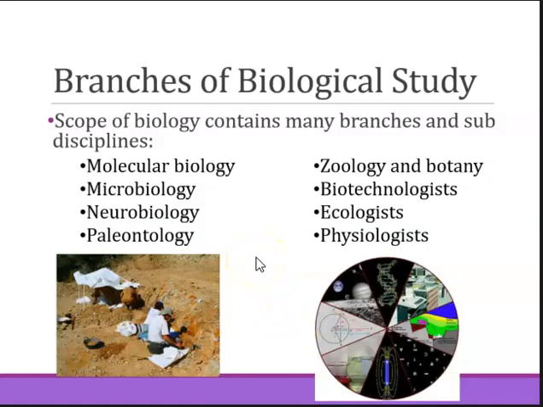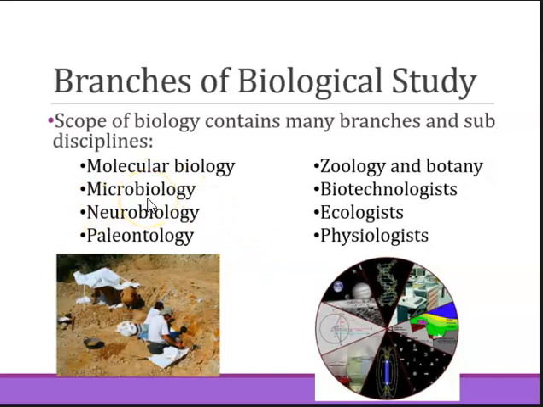Now, the scope of biology contains many branches and subdisciplines. For example, we have molecular biology. Molecular biology studies biological processes at the molecular level, and this includes interactions among molecules such as DNA, RNA, and proteins, as well as the way that these molecules are regulated.